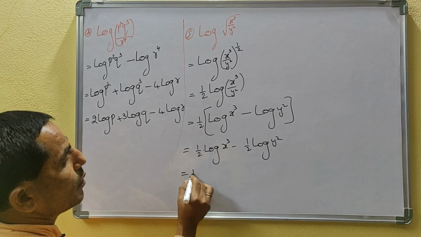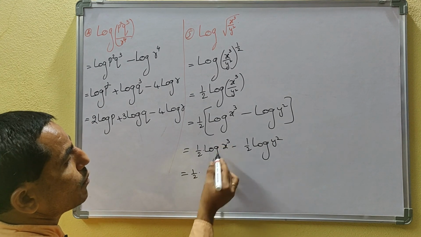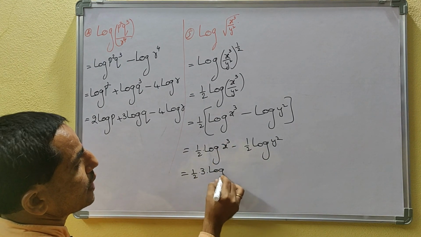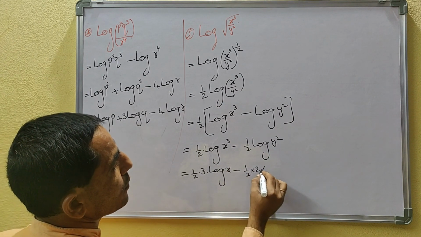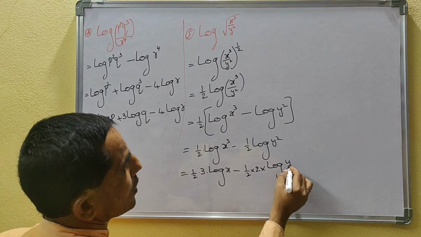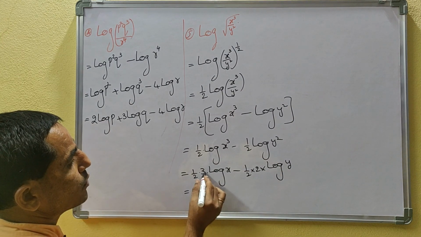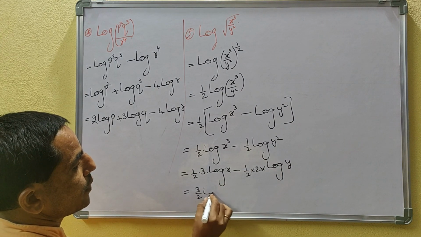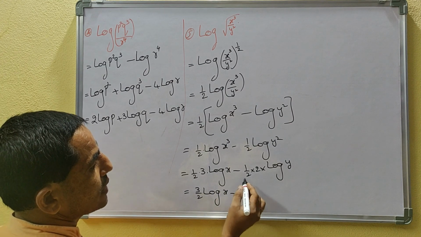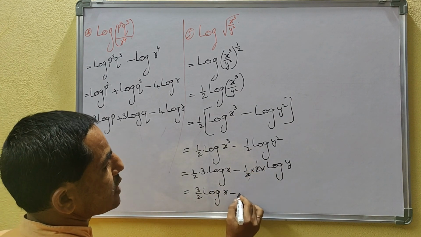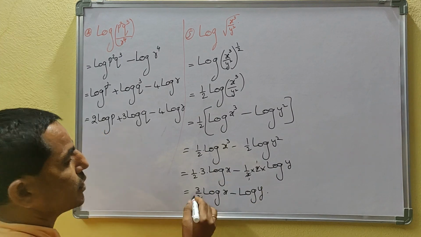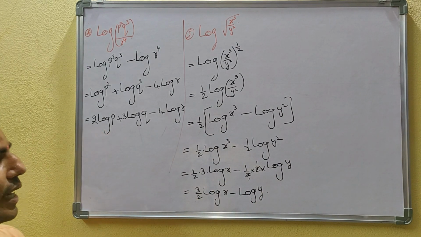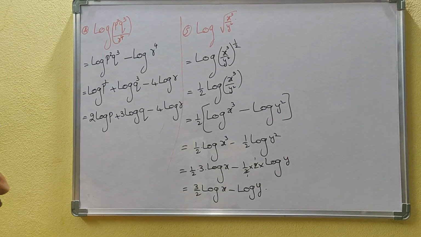So here 1 by 2 into log a to the power of m: 3 into log x minus 1 by 2 into 2 into log y. So here cancellation is not possible for 3. 3 by 2 into log x minus, the 2 and 2 cancel, means 1 into log y. So 1 log y only. So 3 by 2 into log x minus log y.